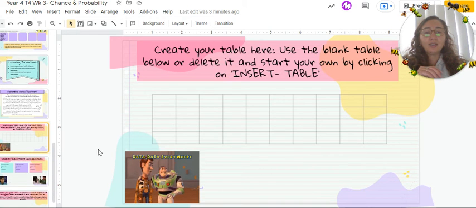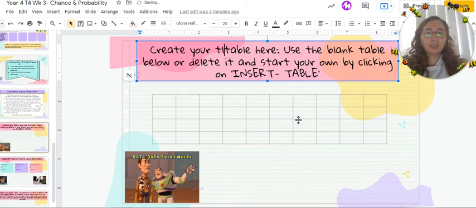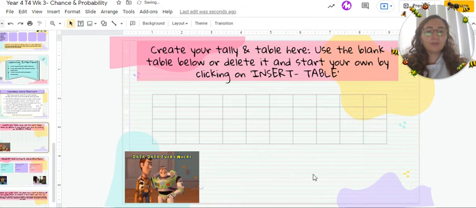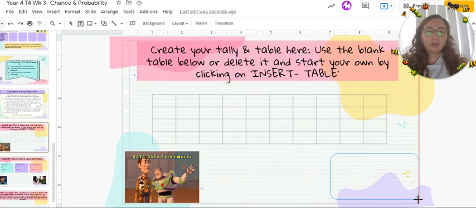And so here you can do the table and the tally. So it says create your table, but it should really say tally and table here. Okay, let's just fix that. And then you can put your tally. Let's just put your tally in a box in the corner.